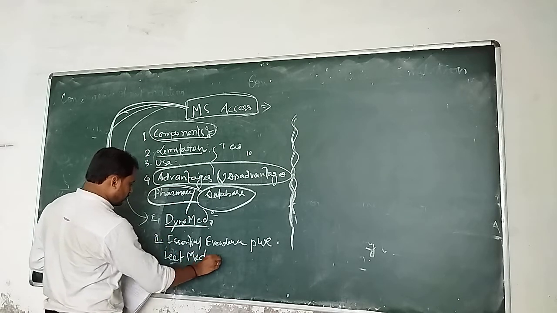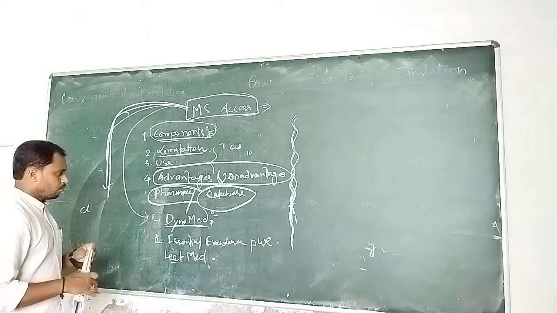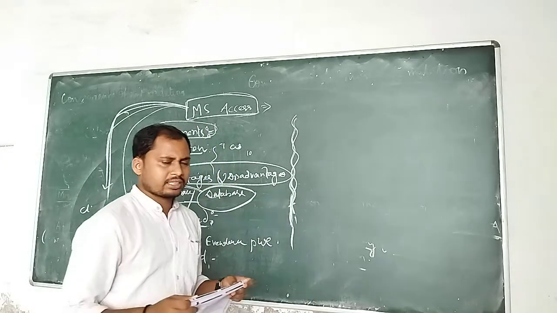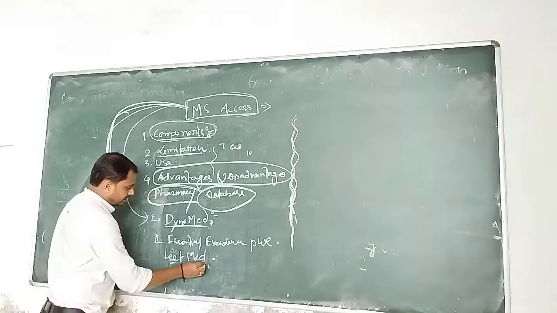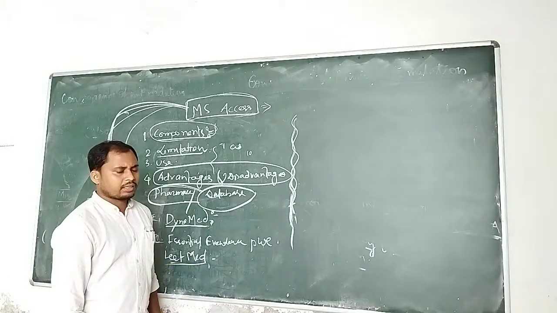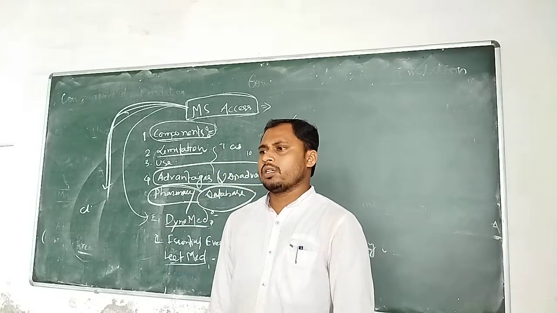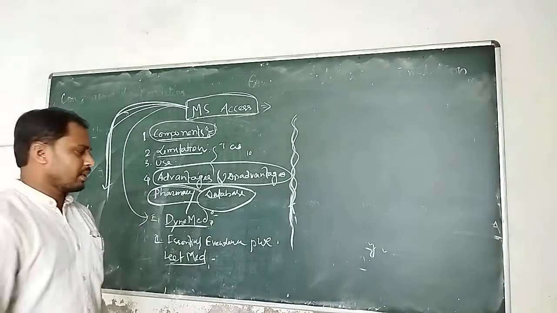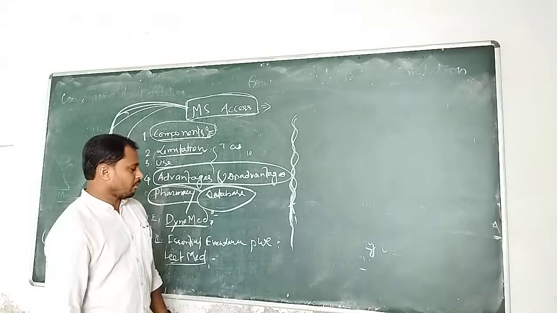LactMed is a type of database that is used to store information on drugs which cannot be used during pregnancy or by a lactating mother. Suppose a mother is lactating and taking medicine. At that time special care should be taken by the physician, because some drugs have an effect that will move from the mother to the newborn baby.